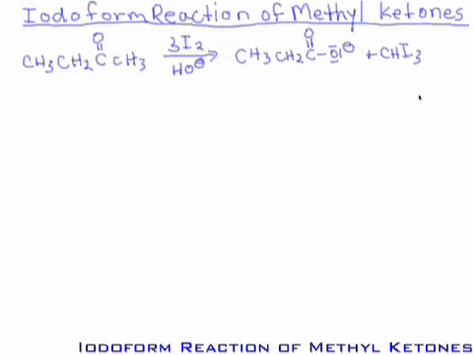Now, CHCl3 is chloroform, CHBr3 is bromoform. This molecule's iodoform. That is its common name. Triiodomethane. It is a yellow solid, so CHI3 will precipitate out as a solid in aqueous solution. It forms a yellow precipitate, yellow solid.